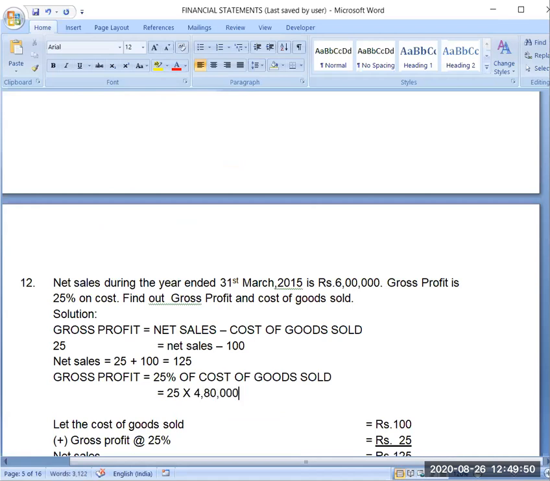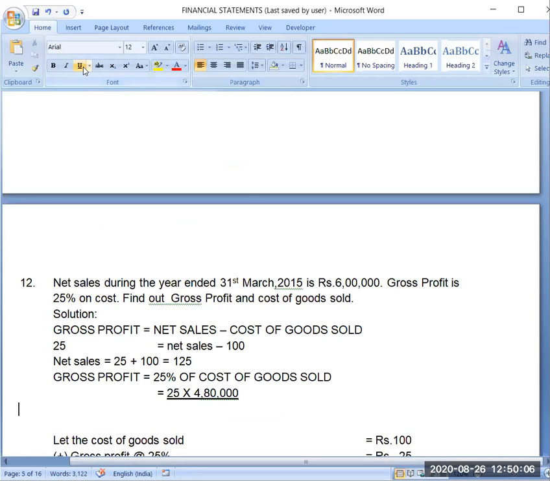Divided by 100, and then you will get is equal to 1,20,000.